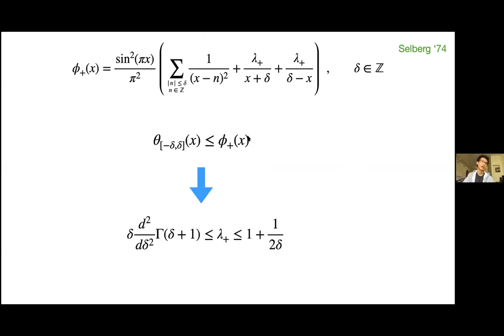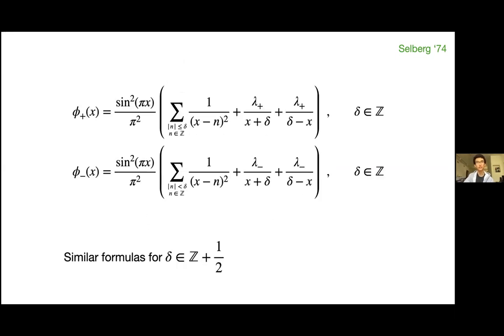And for this inequality to be true, you can check that it's somewhat technically more involved, but still elementary, and you can show that this lambda should be in a certain range for this to be satisfied, which depends on small delta. And any of this lambda works for this condition.